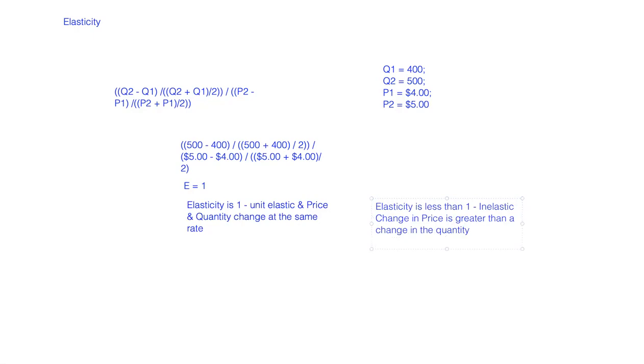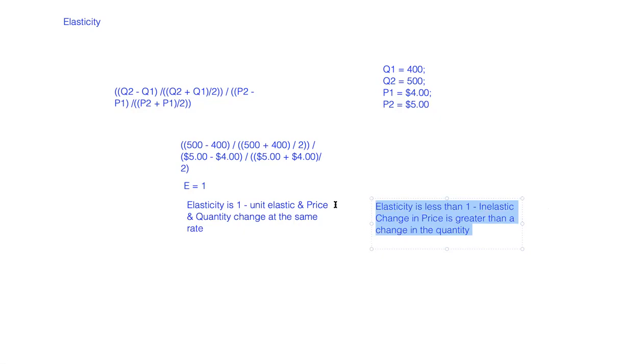What that's saying, specifically for inelastic goods, is that the price changes, but it's hard for consumers to stop consuming the good, or it's hard for producers to stop producing the good. Goods like this are normally necessities, things that people need. When people need something, it's hard for them to either A, substitute away from the good, or B, just stop consuming it at all. So that's something that is inelastic.